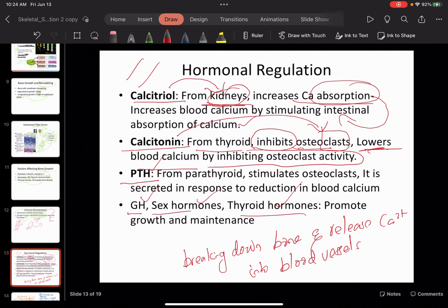Don't let it go, just take everything. And also it increases the calcium into the blood vessels.